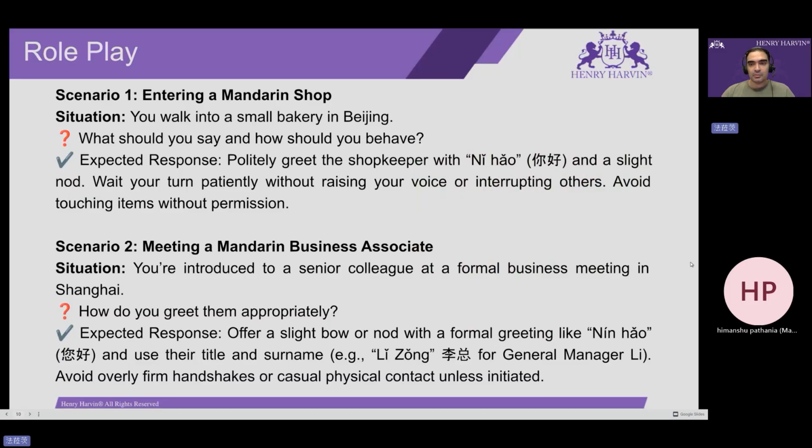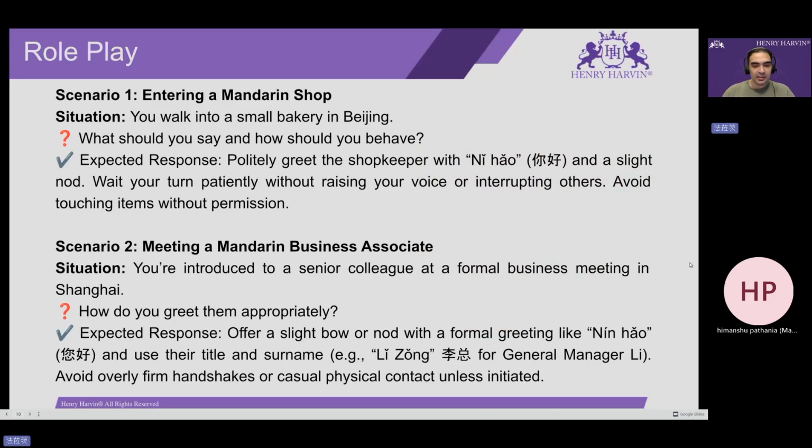We already studied the expression Ni Hao before, but when we are addressing a customer or someone senior or someone who is above you in position, we generally use the element of respect in that scenario. So the word Nin Hao is used. Even to address teachers, we also use the expression nin hao instead of ni hao, because it is considered a more polite version of the word ni hao.